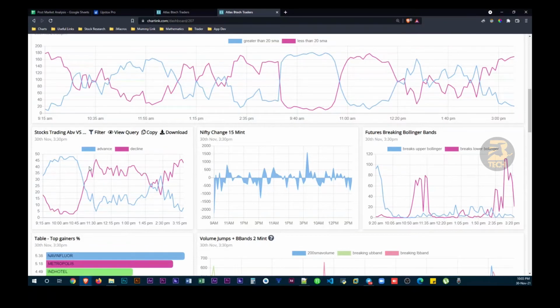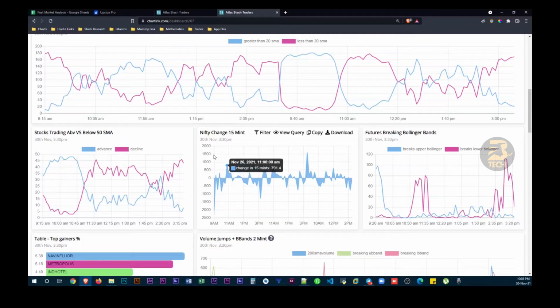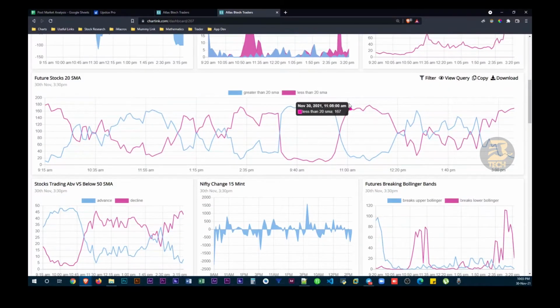So how can we interpret these lines? That is the first question. For easy understanding, we have made this graph in such a way that if it is showing red on top, that means the market is bearish. From here you can see that at 11:05 AM this 20 SMA indicator is showing that the market is currently negative.